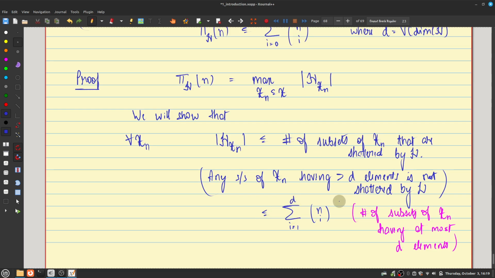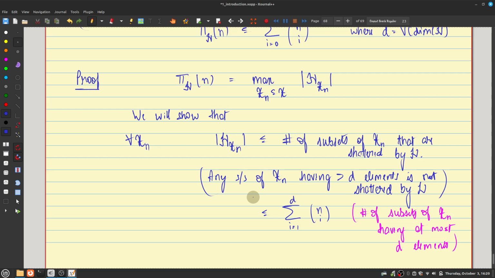So an upper bound on the set of subsets which are shattered by H is simply the number of subsets of Xn having size at most D. Right? In the worst case, all of them could be shattered by H. No, I'm saying that this quantity is upper bounded by this for the moment. The number of subsets of Xn which are shattered by H is less than or equal to this. That's all I'm claiming at this point.